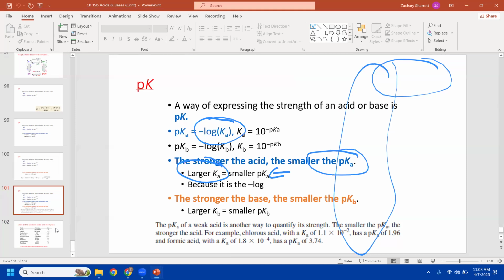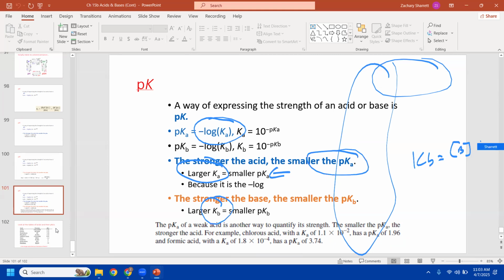And then we also said that there's this thing called Kb that we're eventually going to learn about. It's the same thing as Ka. Ka represents an acid after it deprotonates to make H plus and its conjugate base. Kb was studying a base.